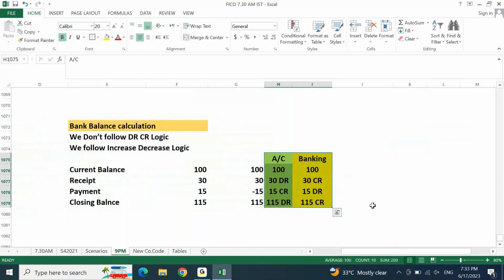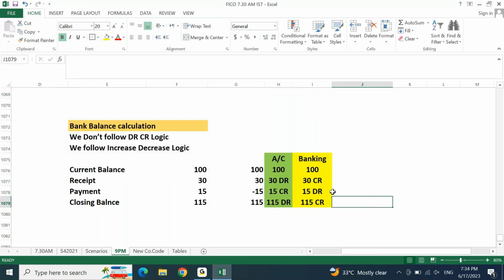Whether you calculated the figure according to banking or according to accounting, is there any change in the closing balance? No, there is no change in the closing balance. But where is the difference? The difference is coming only in the debit credit indicator.